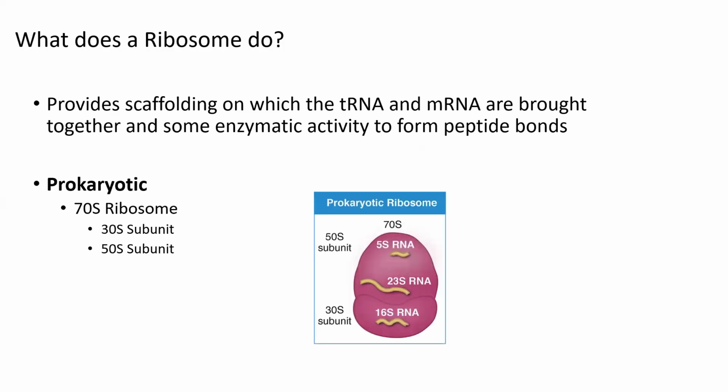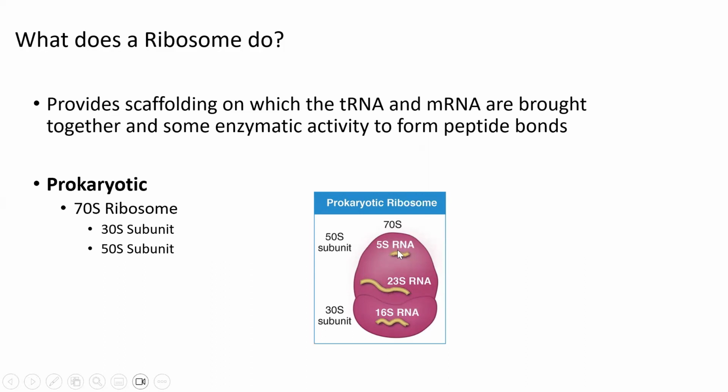And what happens is with prokaryotes, it's the 70S ribosome, where it's 30S and 50S. It comes together, and this is the structure itself.